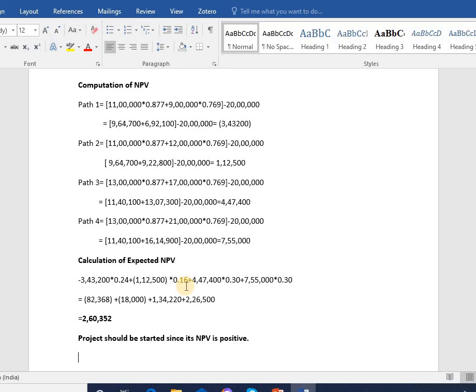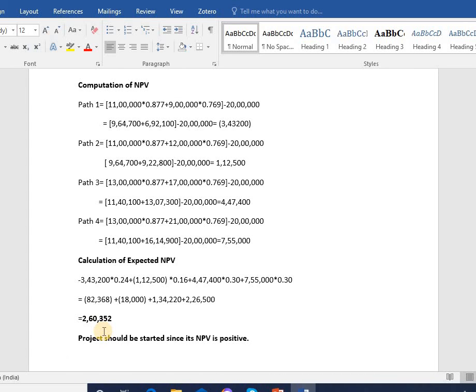There we have calculated the joint probabilities. Another is 4,47,400 into 0.30, and the last is 7,50,000 into 0.30. Multiplied, we got 82,368, which is the minus figure, plus 18,000, plus 1,34,220, and 7,50,000 into 0.3 is 2,25,000. In total we got 2,60,350.